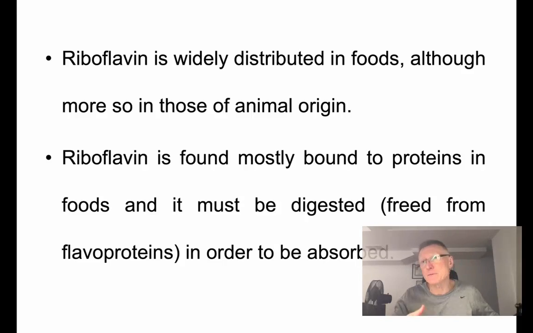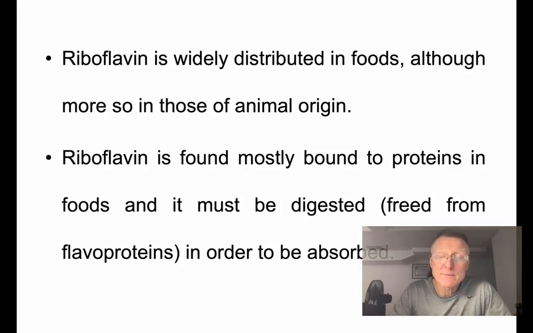Again, if you eat a piece of meat and you have riboflavin bound to proteins inside of the cells, when you digest those cells, or break down the cell, you have to actually separate the vitamin from the proteins that are bound to it, so then it can be absorbed. So it requires some degree of digestion.